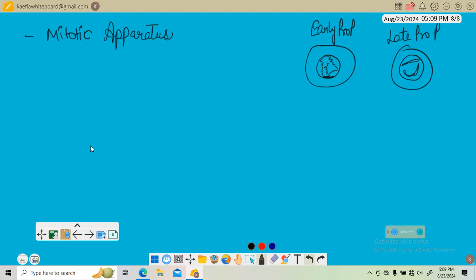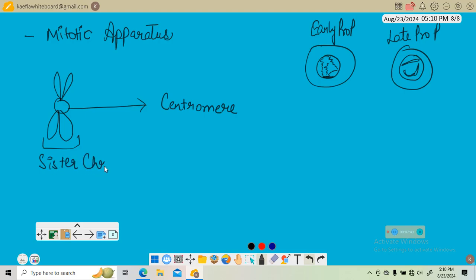Let's say this is a chromosome, and this is the centromere, and these are sister chromatids. This is the terminology.